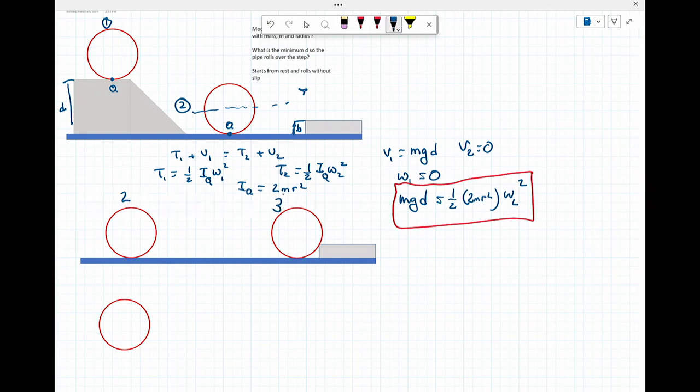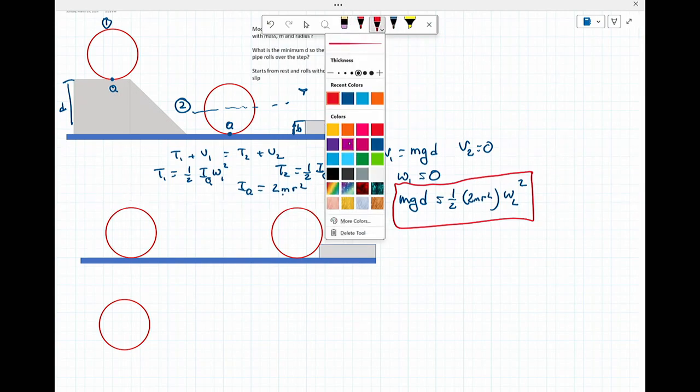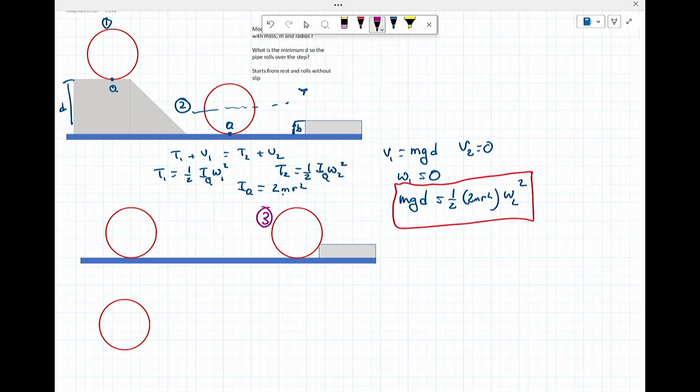From 2 to 3, between 2 and 3, it moves. So this is just before impact, hitting this corner right here.